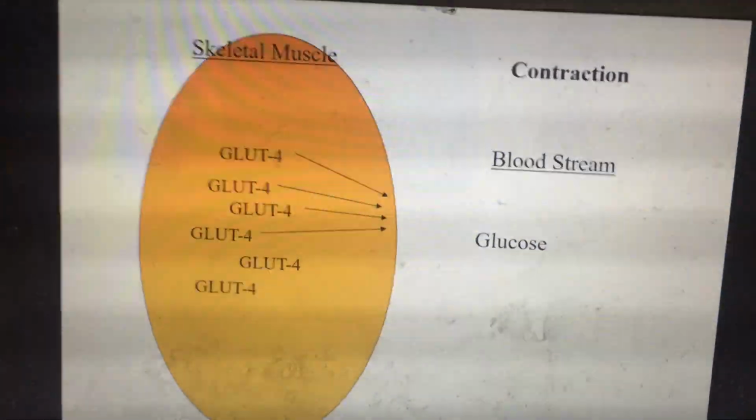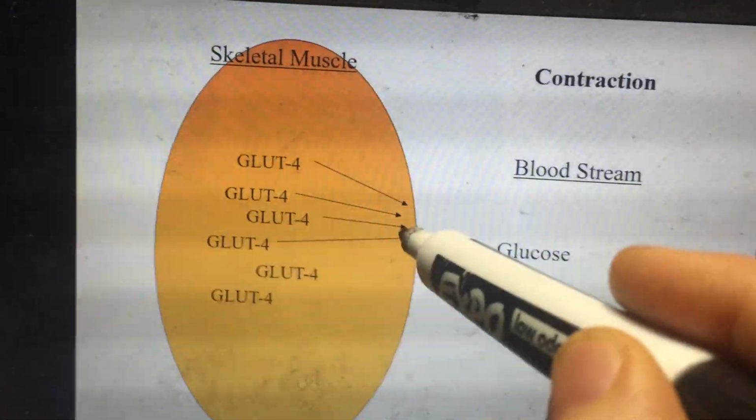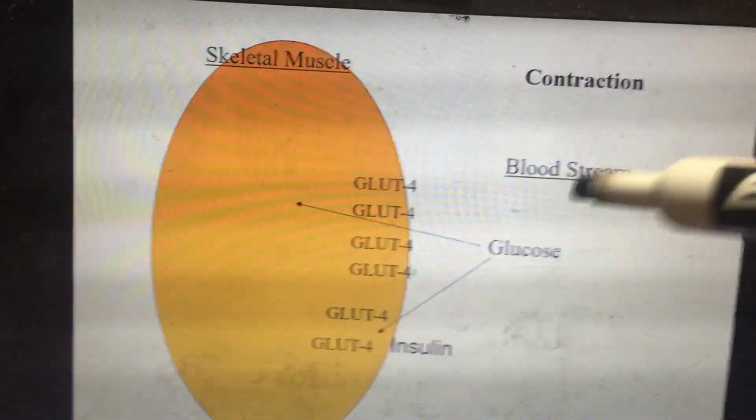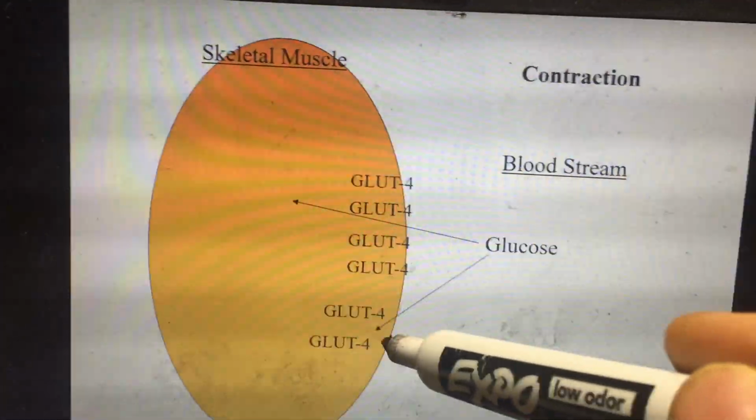So it's generally recommended that they don't inject insulin in close proximity to an exercise session, and the reason being that recall that with muscle contraction or exercise, you get that pool of glucose transport proteins that goes to the muscle fiber membrane. And then if you injected insulin, you get a greater amount of glucose transport proteins going to the membrane.